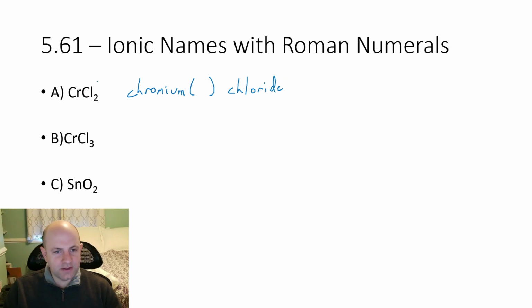And so in this case, if I look at the periodic table, chloride is going to gain one electron, so it'll be -1. But there's two of them, so another -1. Well, that's -2. How do I cancel out -2? I need the chromium to be a +2. And if it's +2, Roman numeral 2 in the parentheses. That's all you have to do. Add up the negatives. What's the positive to cancel it out?